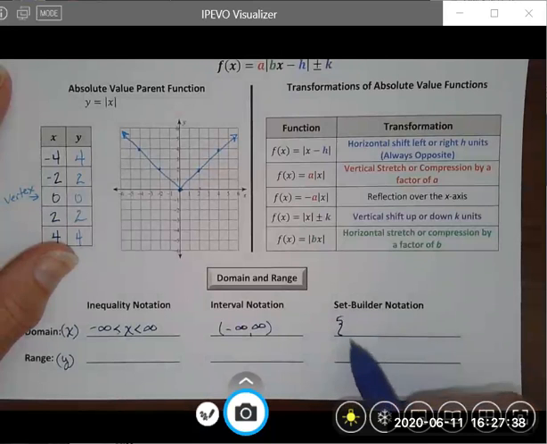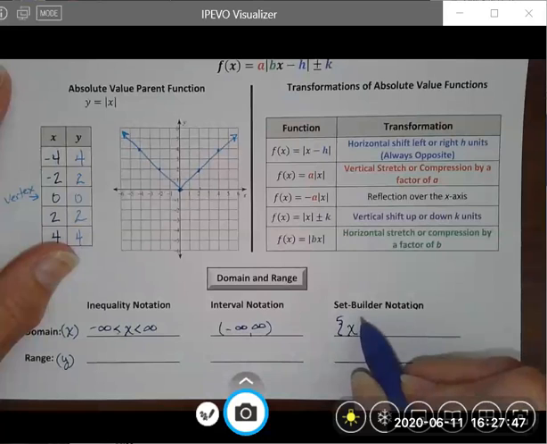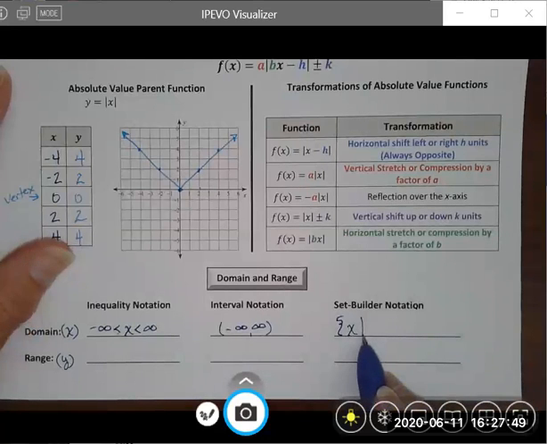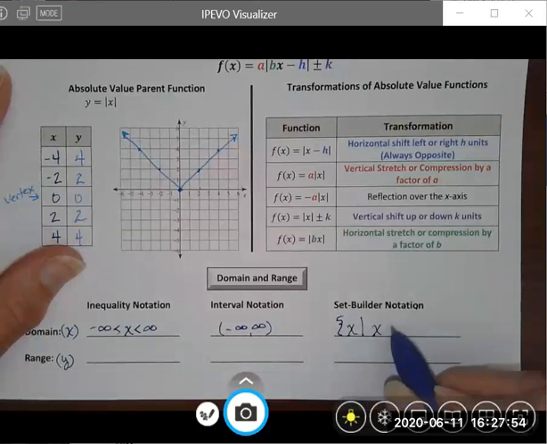The bracket is set builder notation, and then we always put the variable we're concerned about, and in this case, domain are our X values. Then I put this vertical line, and the way I read this would be X such that X is an element of all real numbers. And then I close my brackets.